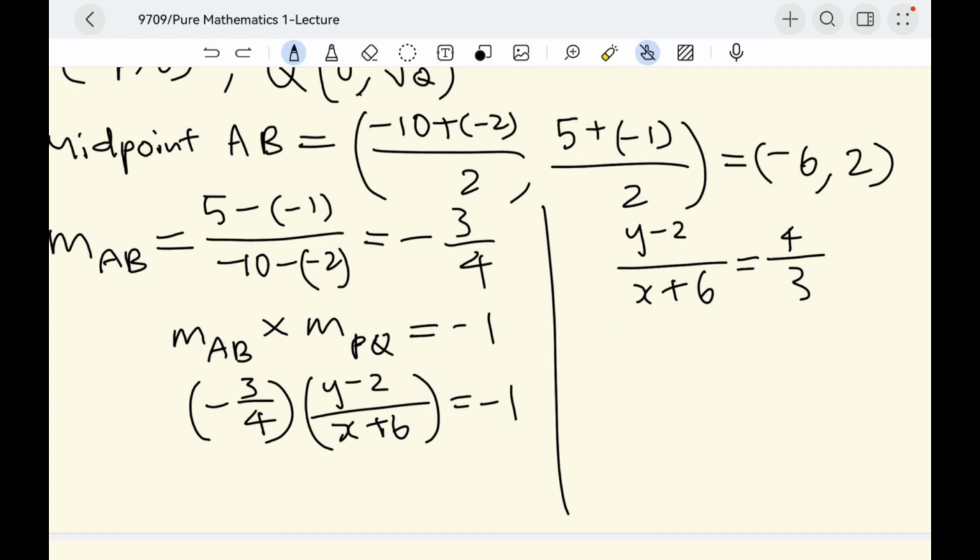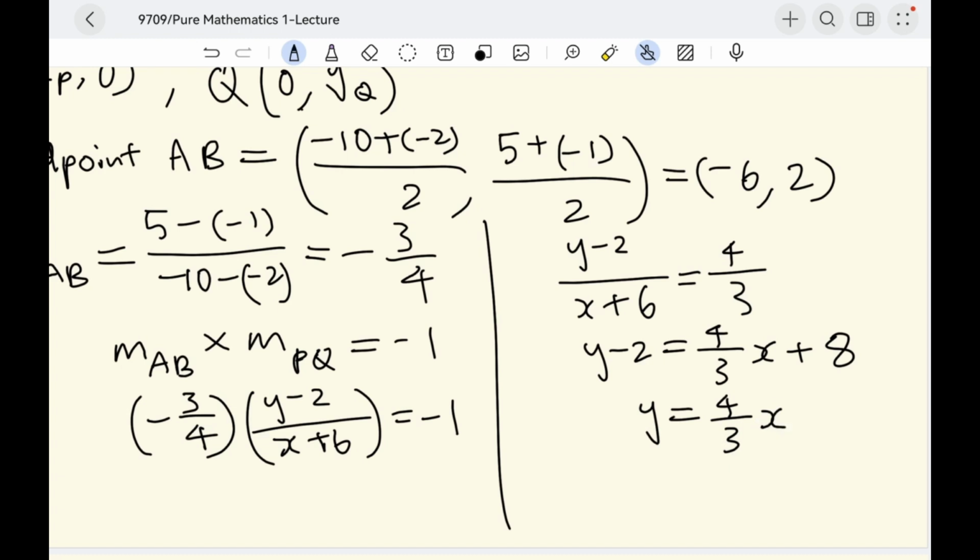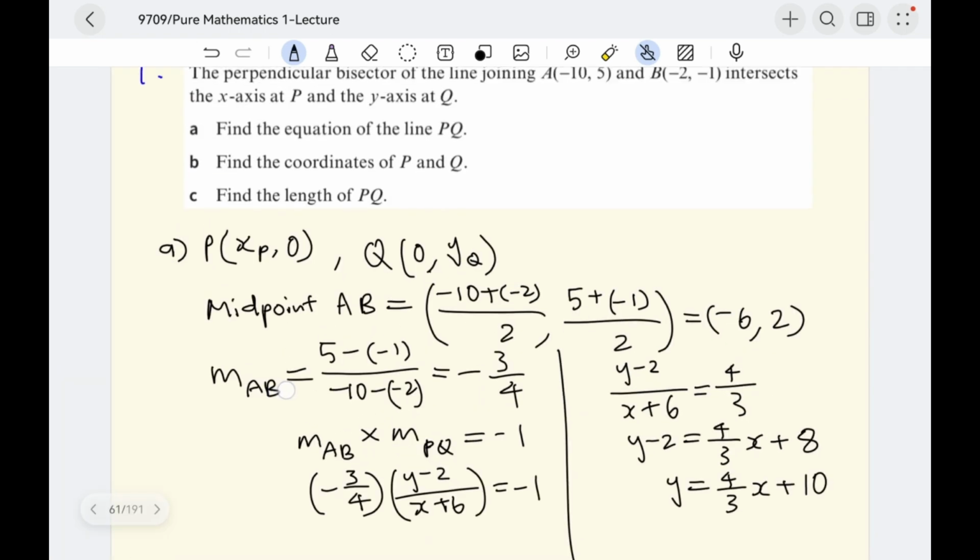I don't need to multiply, as long as I obtain an equation. So y equals 4 over 3 x plus 10. So this equation is the equation of PQ.